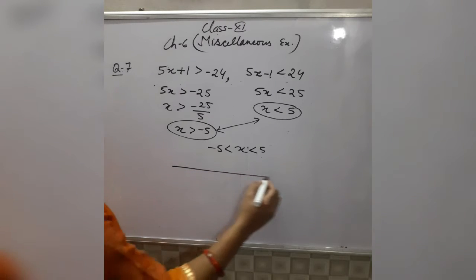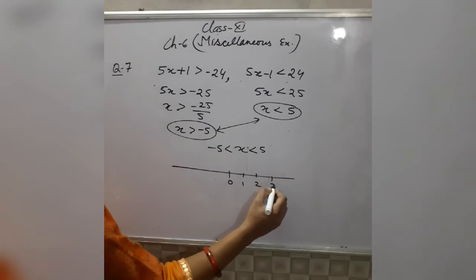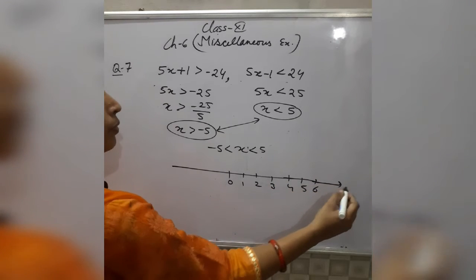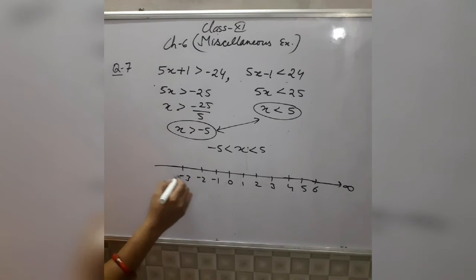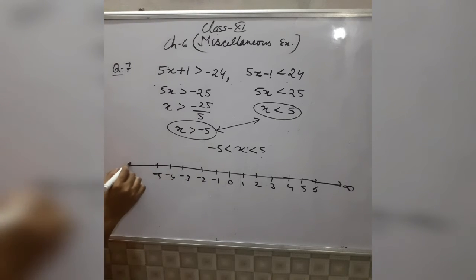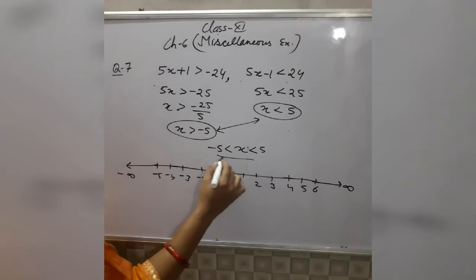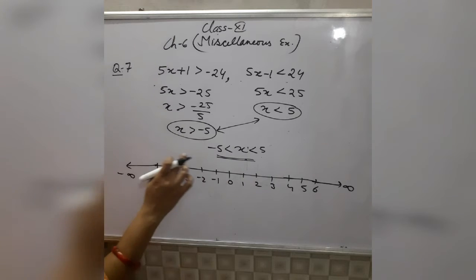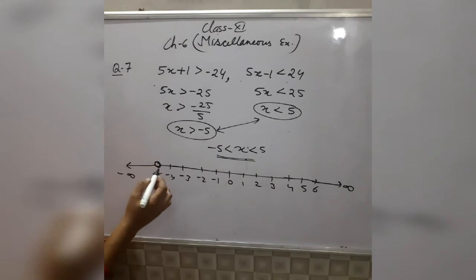Now we will represent this solution on the number line. Let us suppose this is 0, this is 1, 2, 3, 4, 5, 6 up to plus infinity. On this side -1, -2, -3, -4, -5, and this is also up to minus infinity. Now we want to take the solution, the values of x, from -5. -5 is not included, that's why we will not darken this circle.